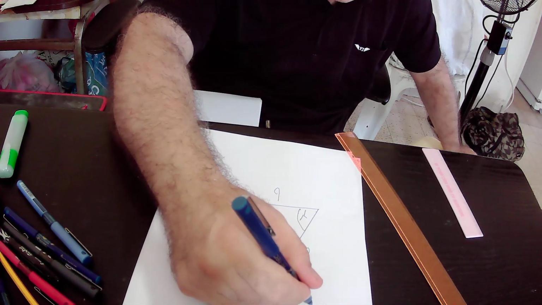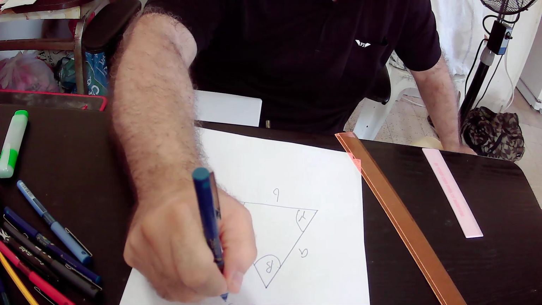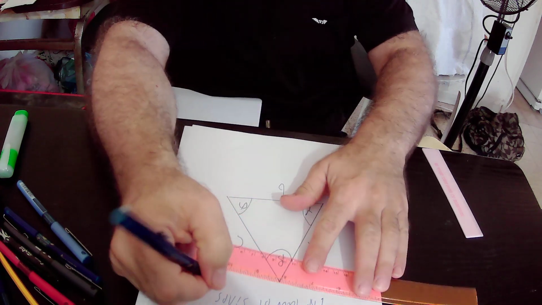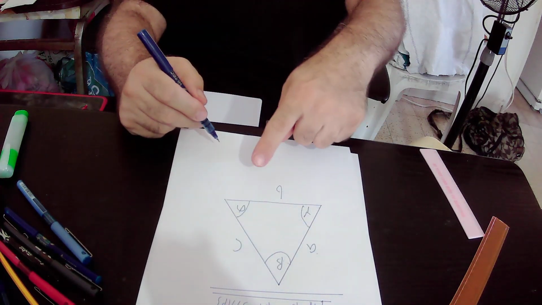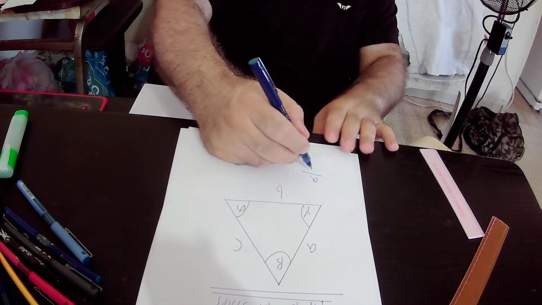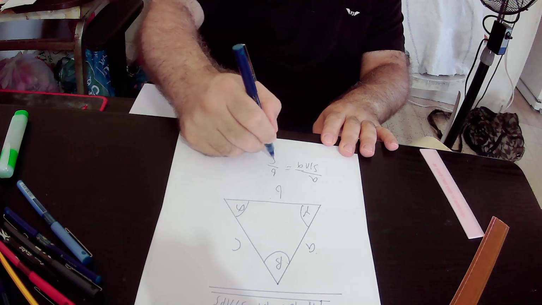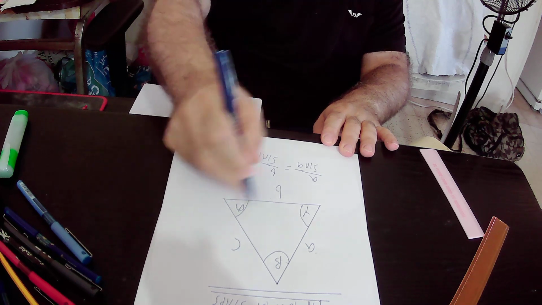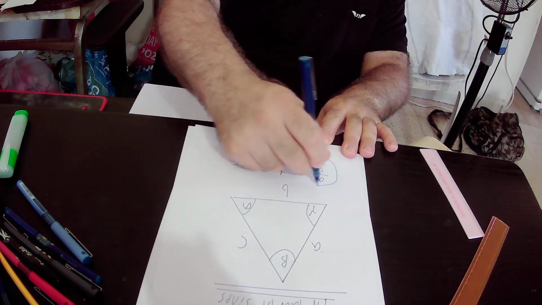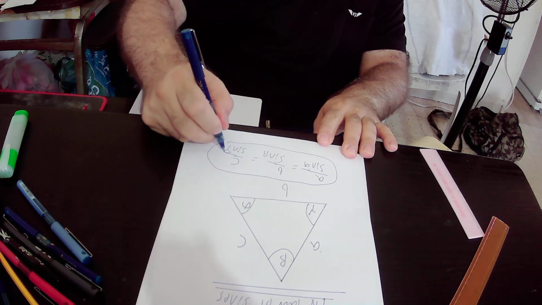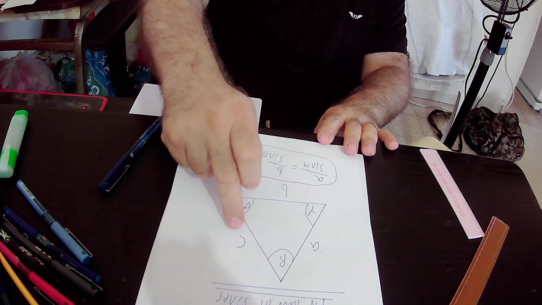According to the law of sines, A over sinus alpha equals B over sinus beta equals C over sinus gamma.